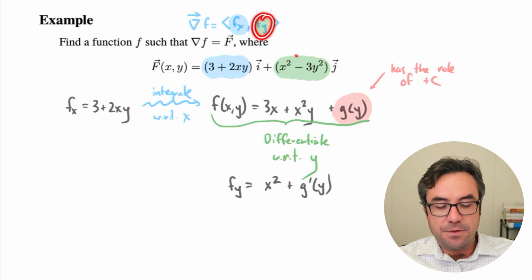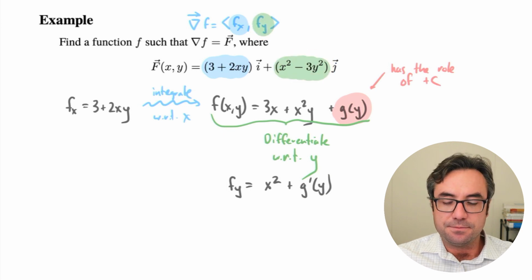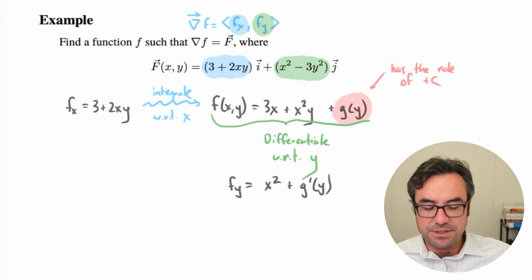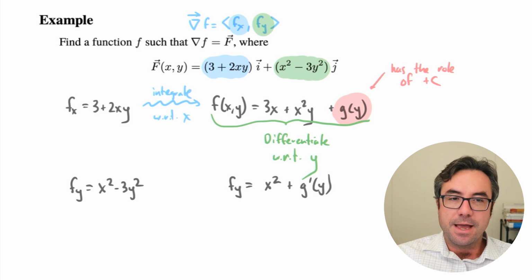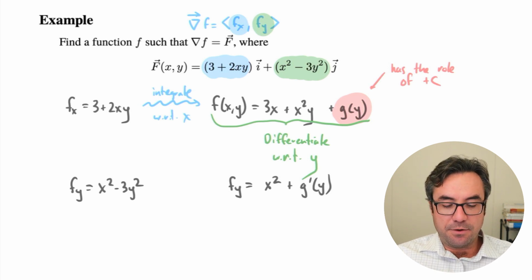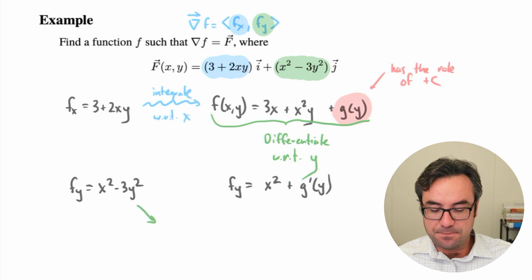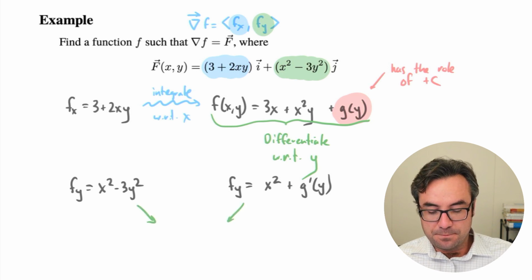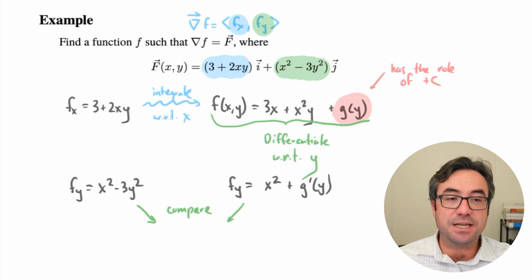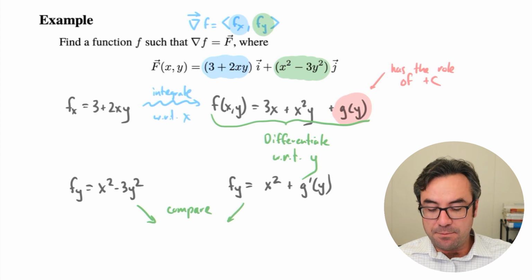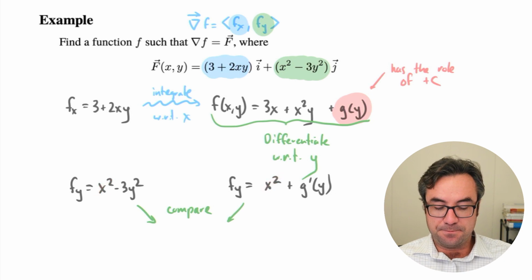All right. So this is what we get based on what we have so far for our function, but we also have this piece of our vector field. If we set those equal, we get that f prime should be equal to x squared minus 3y squared. And if we compare these two results, we see that both of these have an x squared.